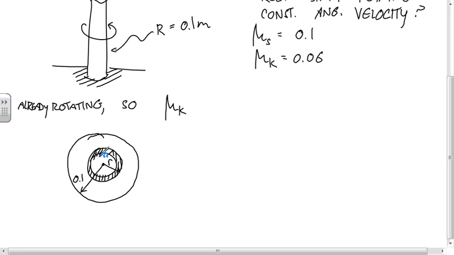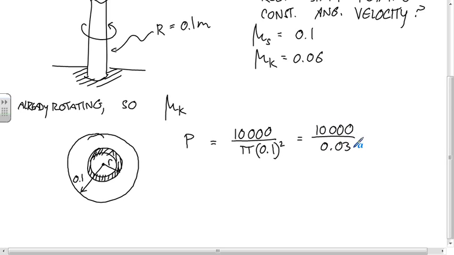So the pressure is equal to the total normal force divided by the total area. In this case, the area is pi times 0.1 squared, so 10,000 divided by 0.0314. Can someone divide that out for me?